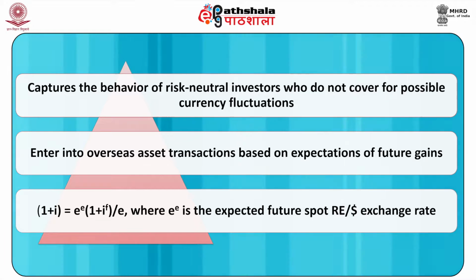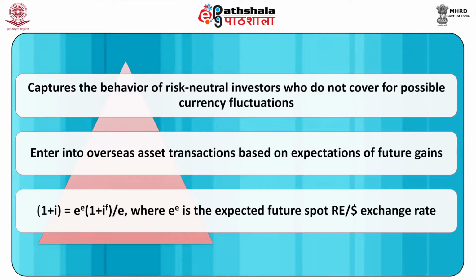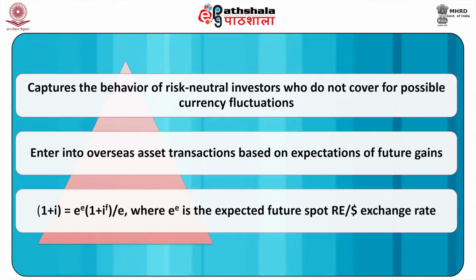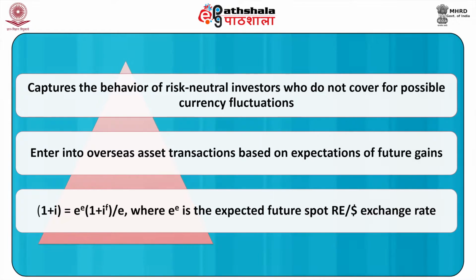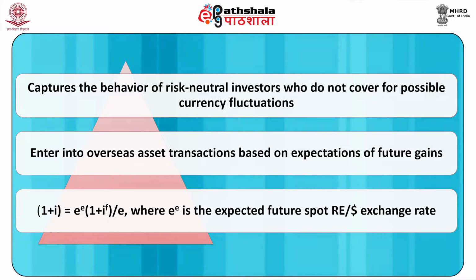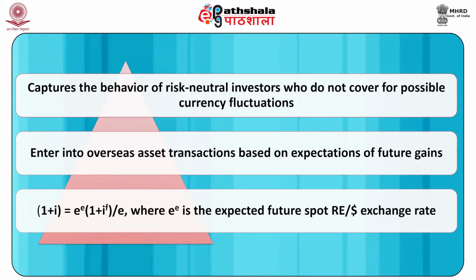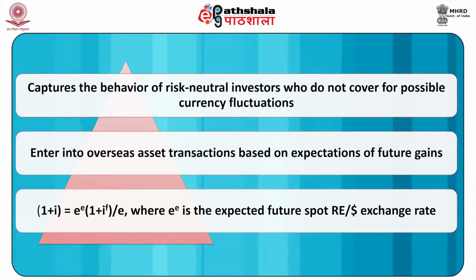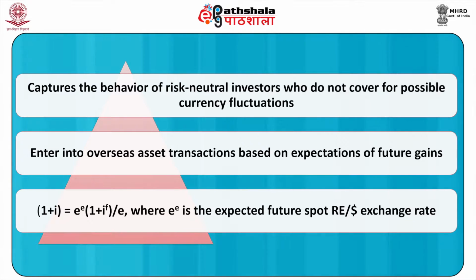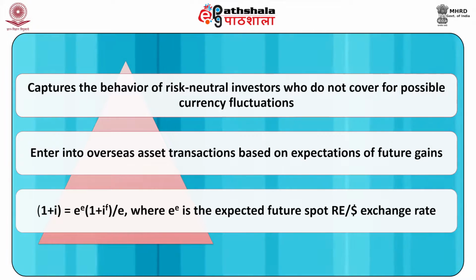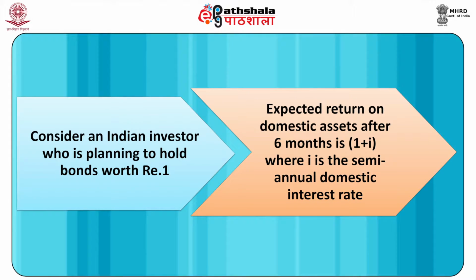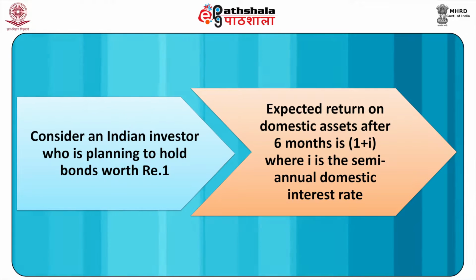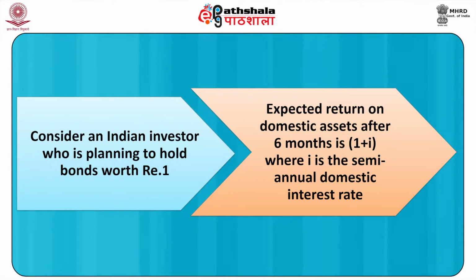It is shown in the equation form on your screen. 1 plus i is equal to e raised to power e within bracket 1 plus i raised to power f, divided by e, where e raised to power e is the expected future spot rupee per dollar exchange rate. Similar to the case we discussed above, consider an Indian investor who is planning to hold bonds worth rupee 1.